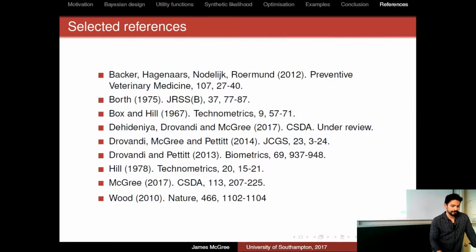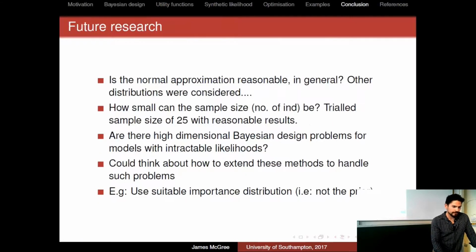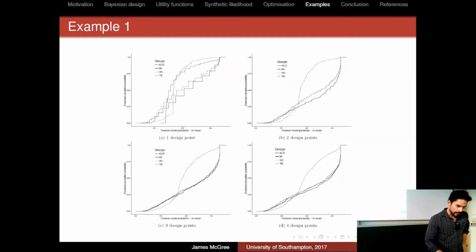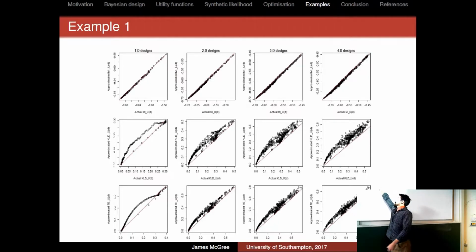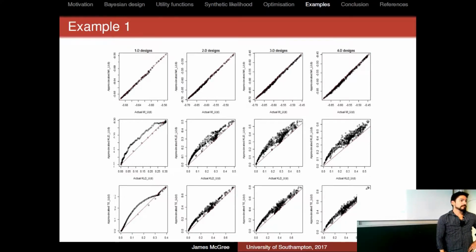Just in the previous slide, you said that you had reasonable results. If you could elaborate a little bit on that. So basically, we reproduced this plot for a sample size of 25, and we saw similar things in terms of the ordering of the designs being sensible. So good designs were still high utility for the approximation, were still high for the actual values, and we're happy with that.